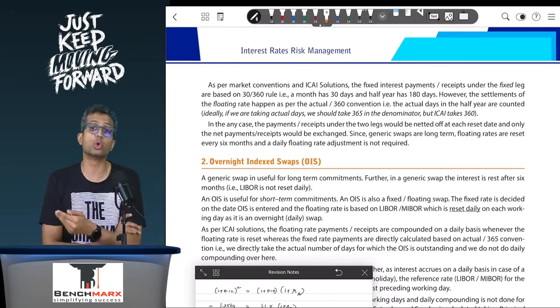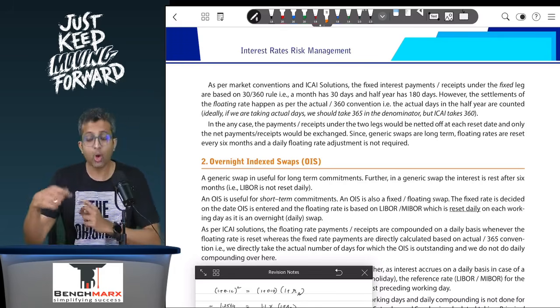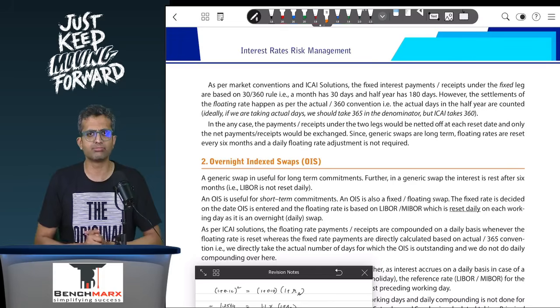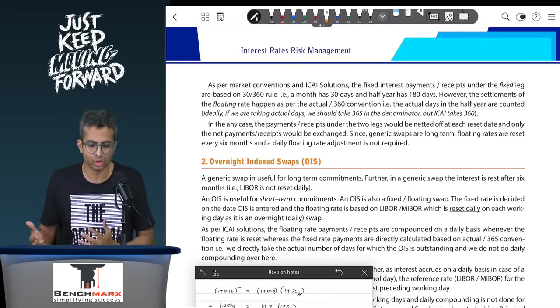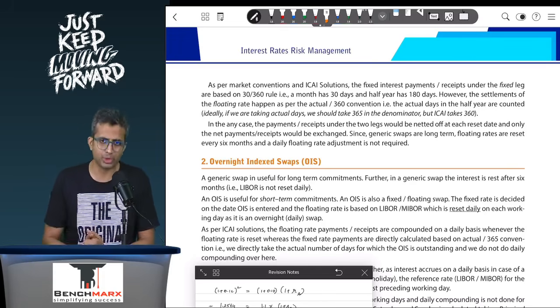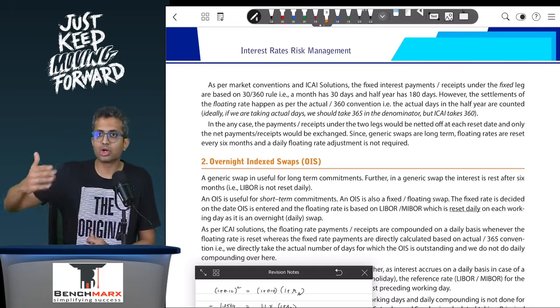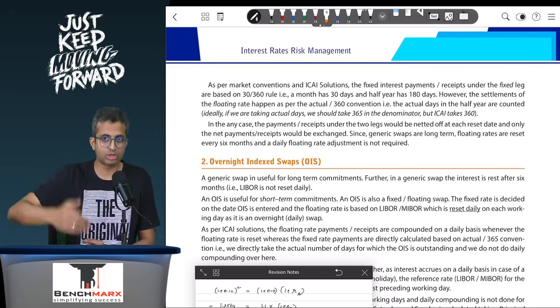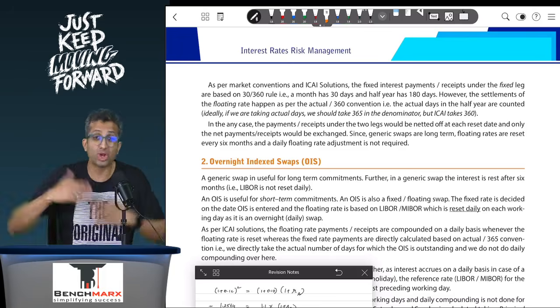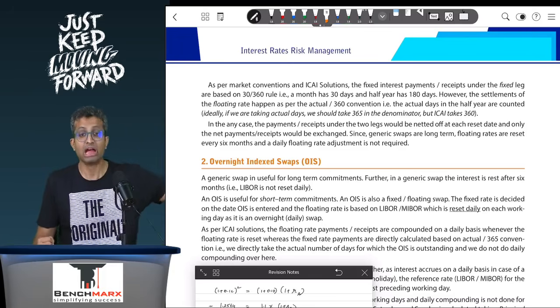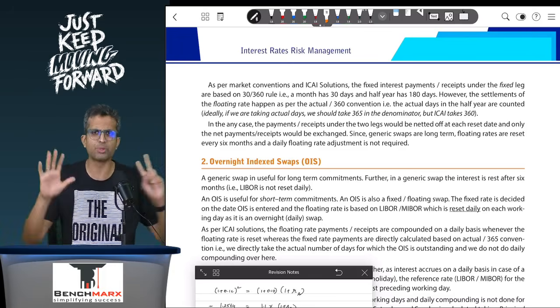And also there is something known as overnight index swap. Overnight index swap is typically a short-term swap, where the swap period is less than, let us say, a year for sure, maybe a few days, maybe a few weeks, in which case it does not make sense taking the LIBOR today and then resetting it after 6 months. For all you know, the swap will not run for 6 months. The sum that is there in the institute study material, the swap is only for 7 days.